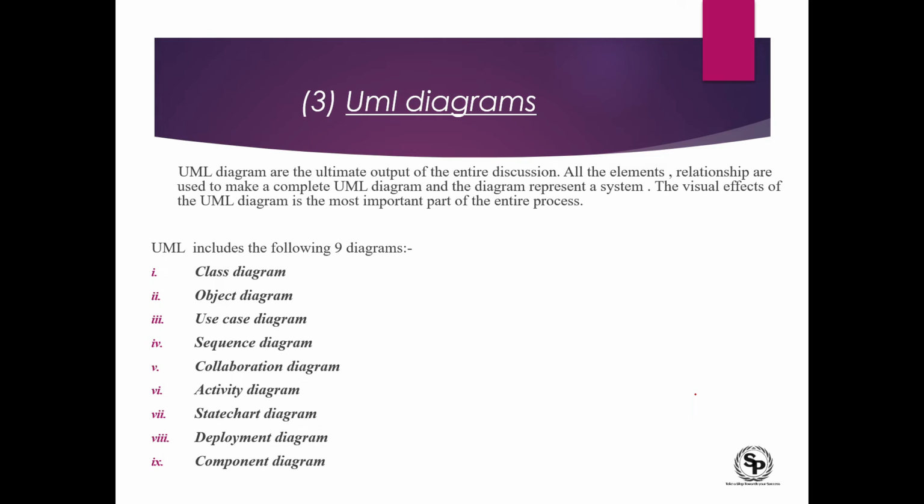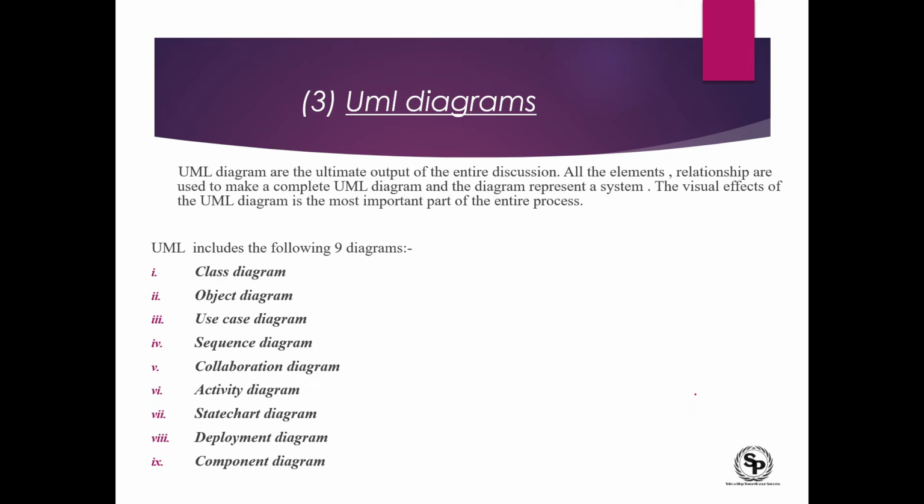Now we will look at the third type, that is the UML diagram. UML diagrams are the ultimate output of the entire discussion that we have done in our previous lecture. All the elements and relationships are used to make a complete UML diagram, and the diagram represents a system.